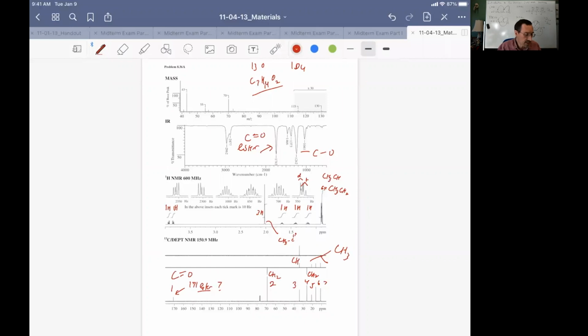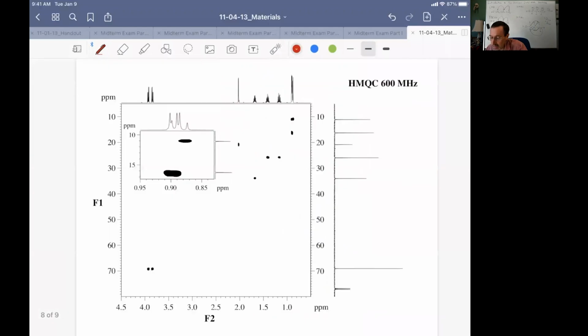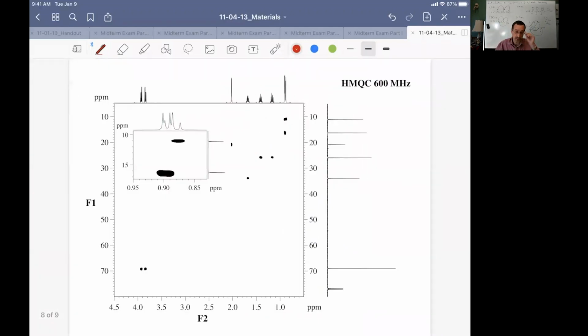And so the next thing I'm going to do is turn to the HMQC spectrum. And as I said, I am very slavish about lettering and numbering my resonances. So we haven't put the carbonyl on the edge here, or Silverstein hasn't.